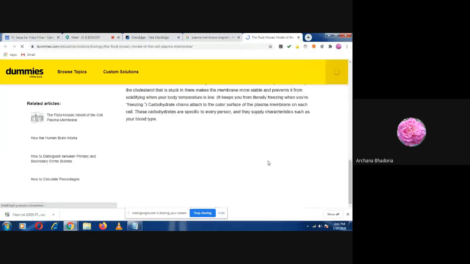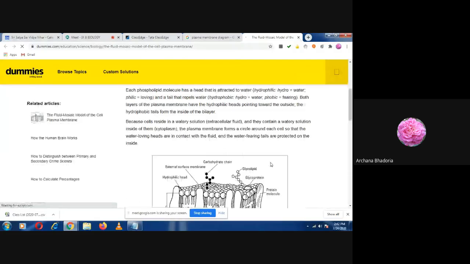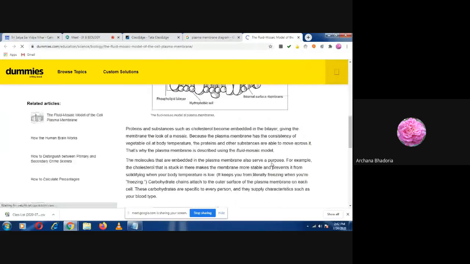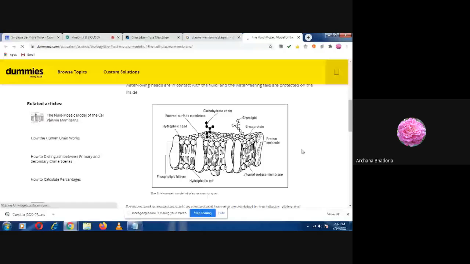You can write down, it is known as fluid mosaic model. So this is the structure of the cell membrane.